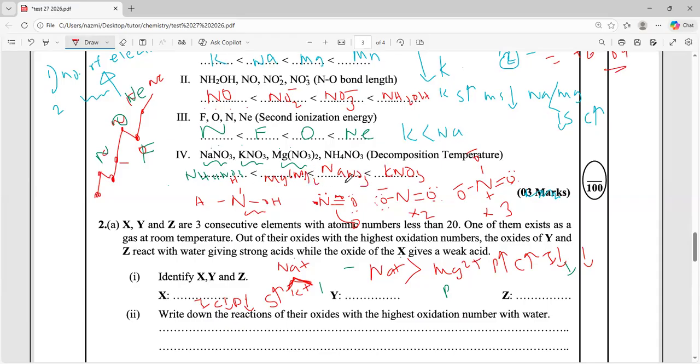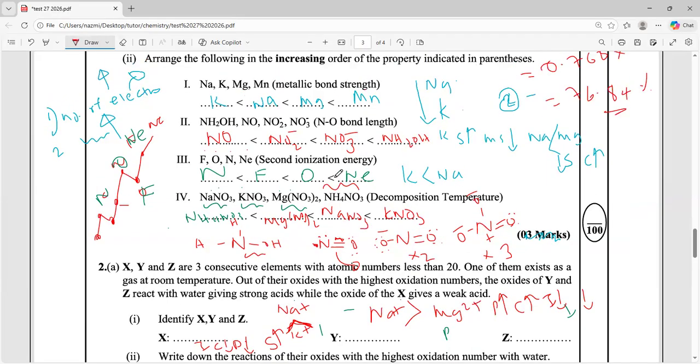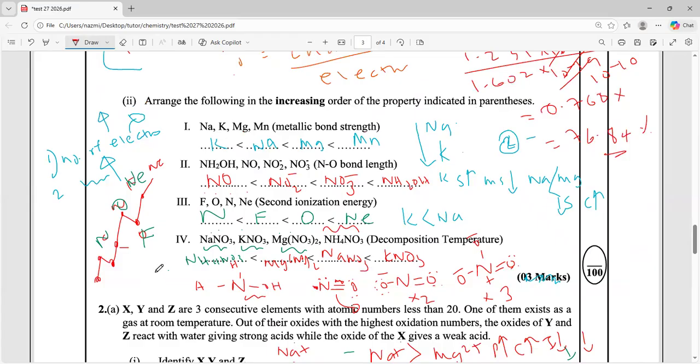These have metals as the cations, so they will form strong ionic compounds. That is why I put ammonium nitrate as having the lowest decomposition temperature. Is that clear? Each is 5 marks, 5 into 4, 20 marks for this Roman number 2.